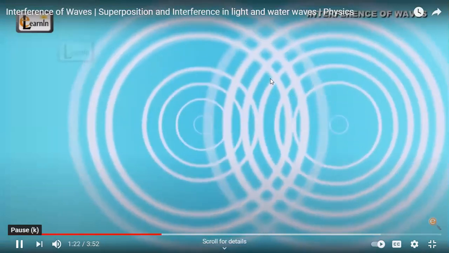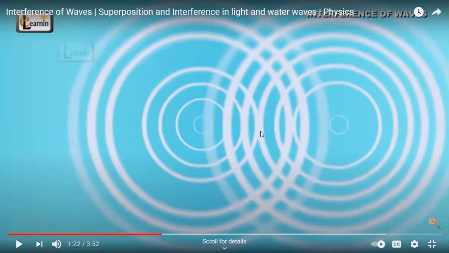You see, in this region, the superposition is taking place. You can observe here, this particular wavefront belongs to this source, and this particular wavefront belongs to this source. Now these two are being overlapped with a number of wavelets.